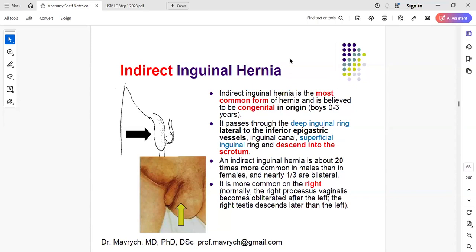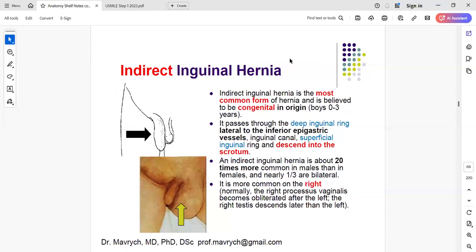Okay, so we're going to talk about indirect inguinal hernia. This is the most common form of hernia. It usually happens like you would get a case of a young boy, 0 to 3 years old, and the boy would be presented with the hernia, like he would be crying.